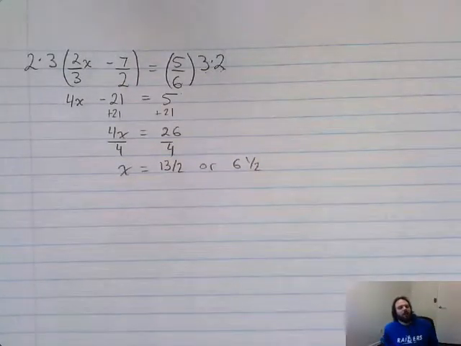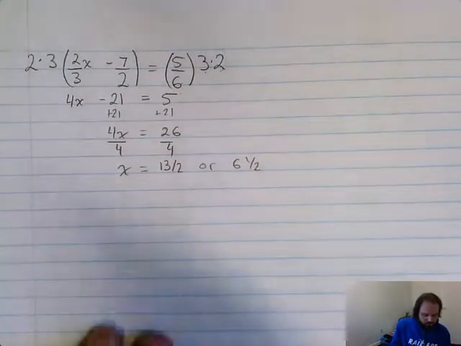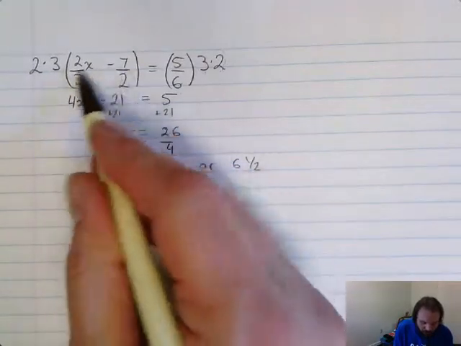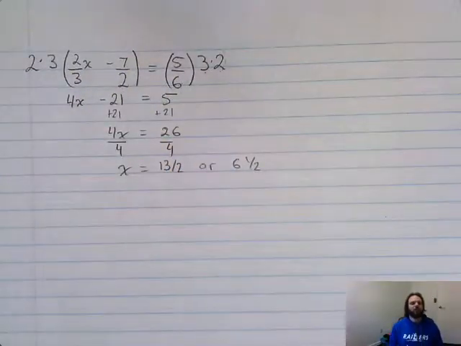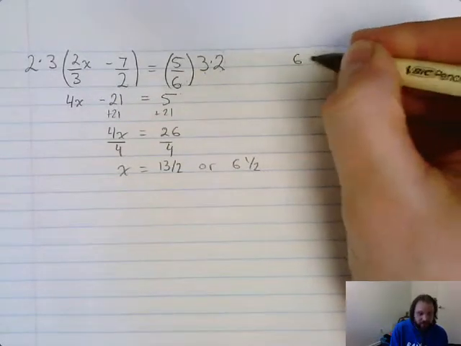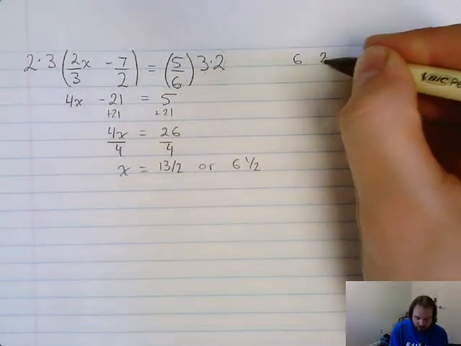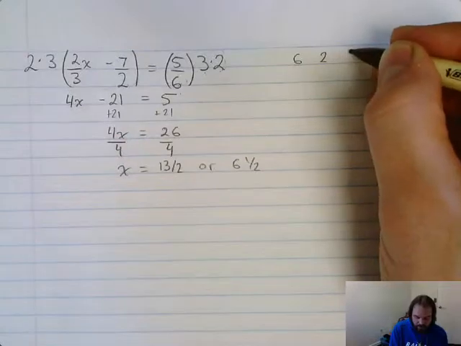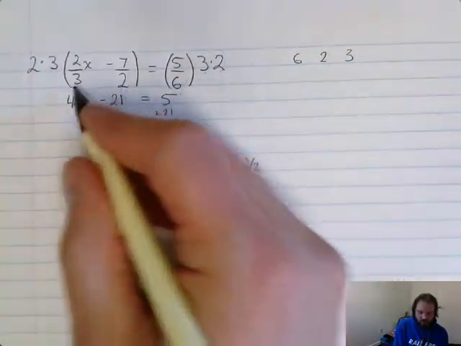Now, let's look at this here. If I look at all of my denominators, we want the lowest common multiple of them. And that's a way of thinking about this. So I look at this. We have 6, we have 2, and we have 3.